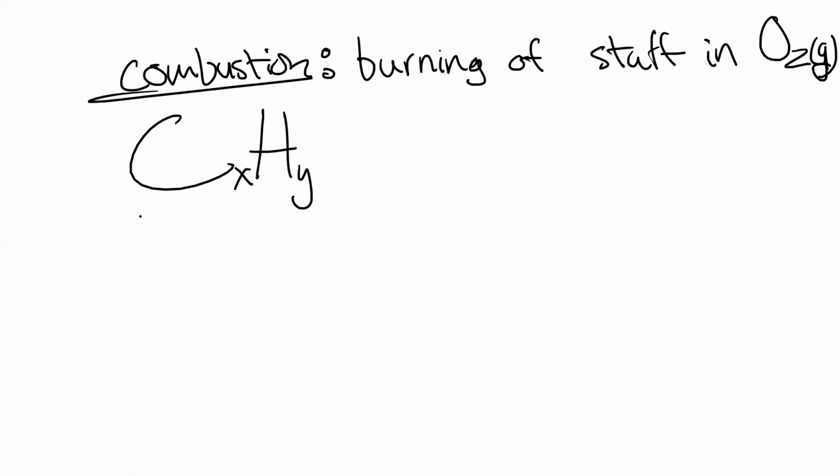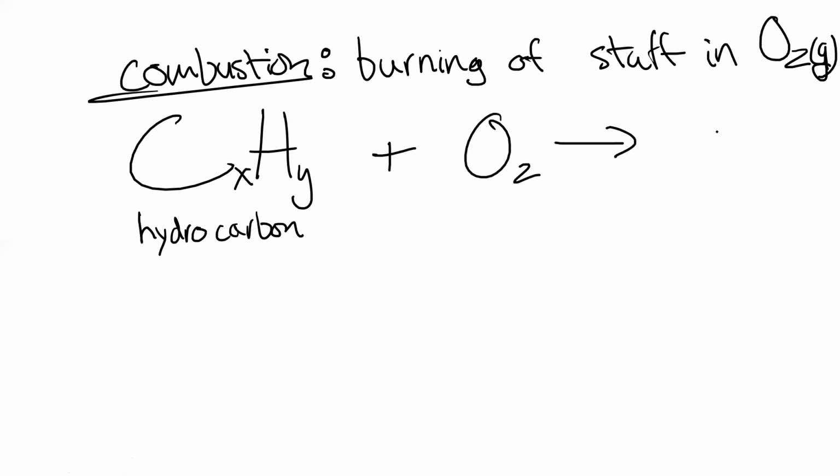We actually call these, so terribly surprisingly, the general name for a substance like this is a hydrocarbon. And I say that sarcastically because it describes exactly what it is. It's carbon with hydrogen. I love it when names make sense. Okay, it's a hydrocarbon. It literally tells you what it is. You can add to that oxygen gas, and what do you get? You get the oxides. Oxide products.